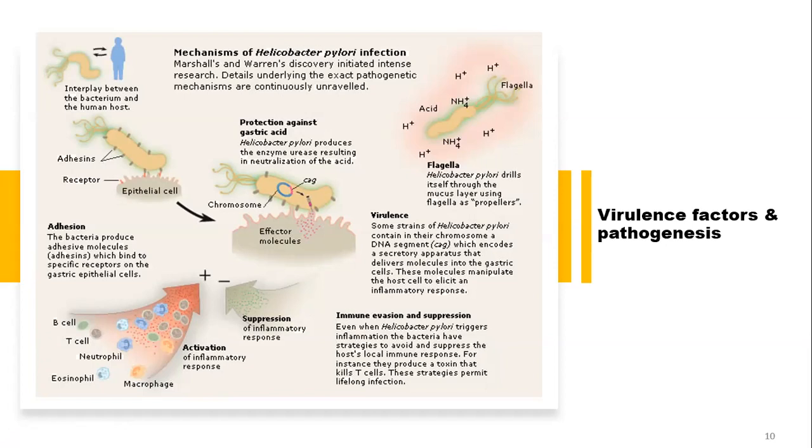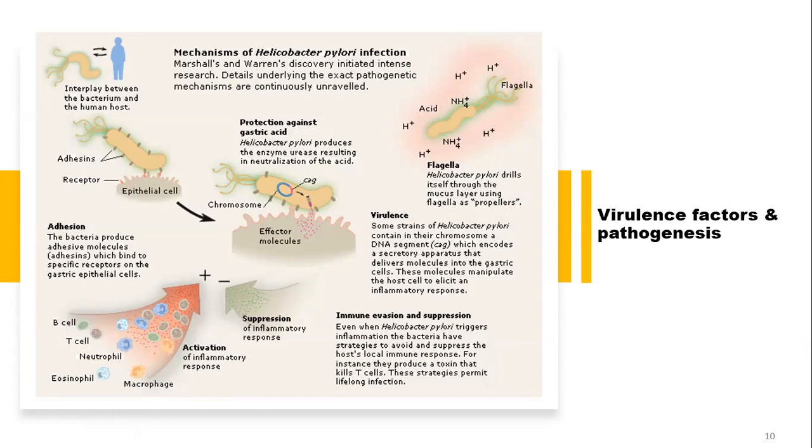So there are different adhesins that this organism produces to effect this. Remember that the content of the gastrum is acidic. So this organism is well prepared for that environment.